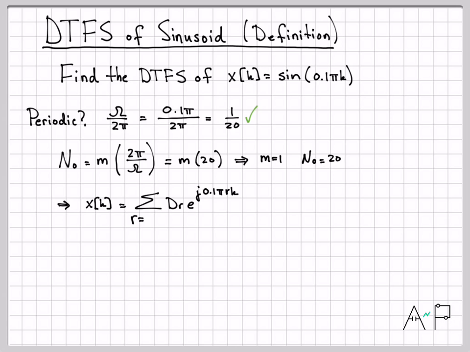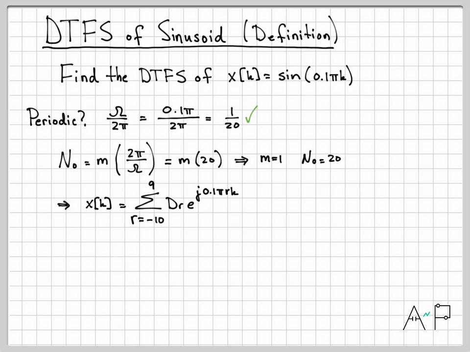So one of the choices you always have when working a DTFS problem is choosing the best set of values to sum over. For this particular problem, we're going to sum from minus 10 to 9. That is indeed 20 total samples, right? 9 minus a negative 10 plus 1 gives me 20. So this does include 20 terms in the summation, 20 consecutive values.